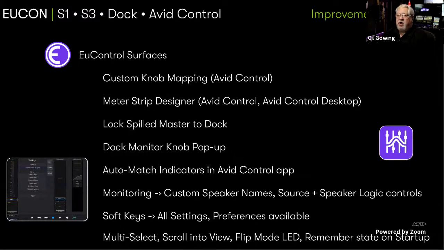We've got custom knob mapping from the Avid Control app, and meter strip modes for the tablets on your S1s, or if you're using the Avid Control desktop app with either S1 or S3, this lets you basically build a meter bridge the way you want to look at it. We'll show that as well.